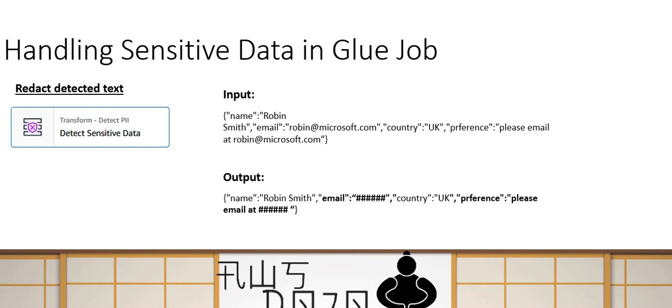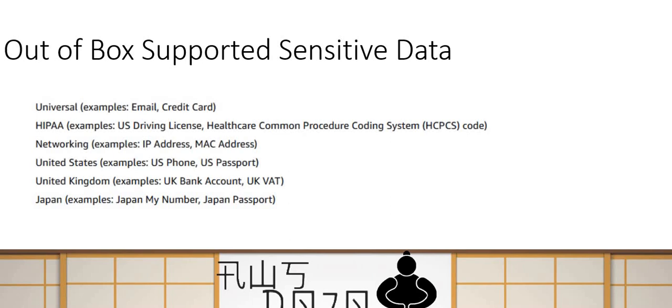Cool. So what are the out-of-box supported sensitive data? Because sensitive data could be anything, what are the out-of-box sensitive data this transformation can handle? This is a list, or a grouping, of that.